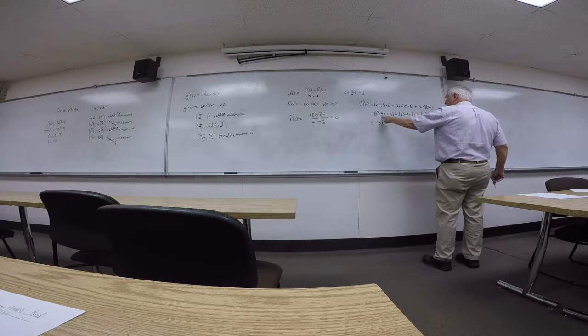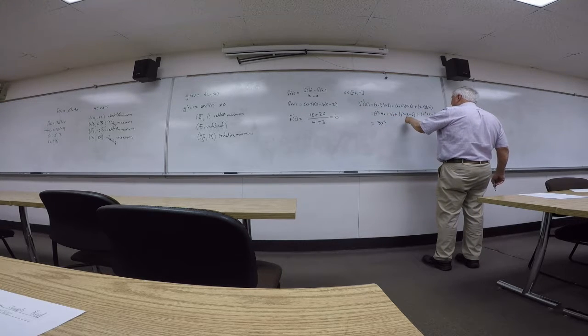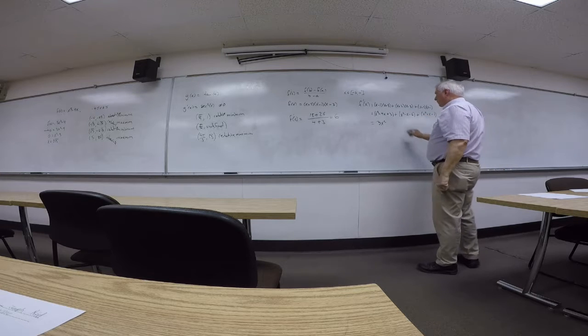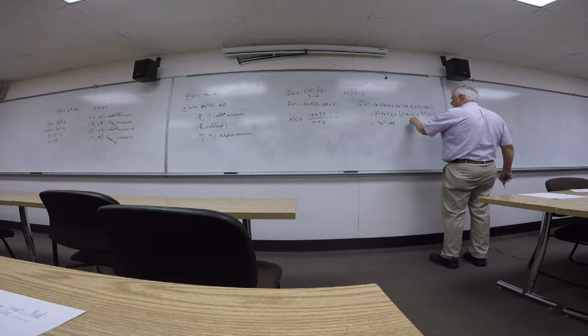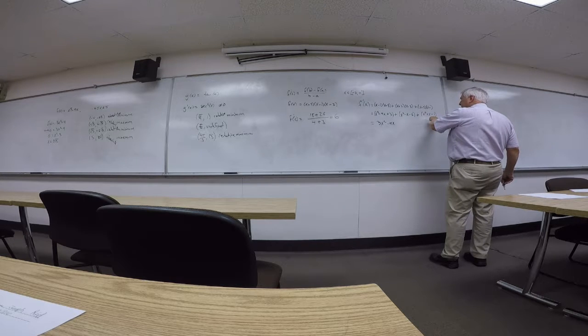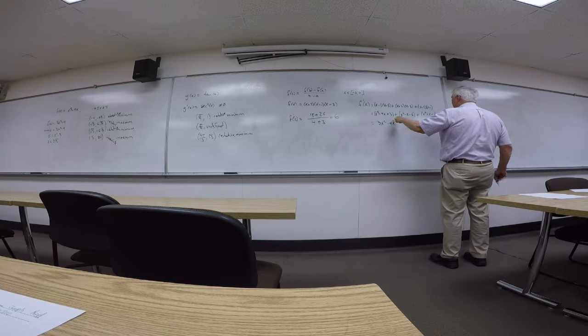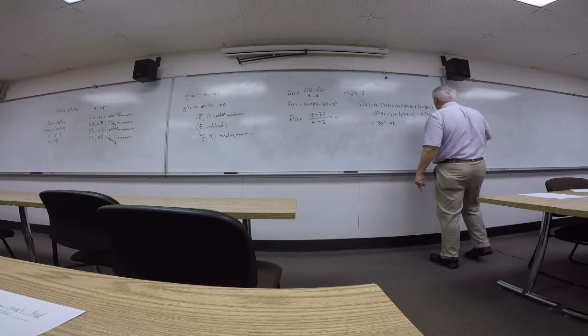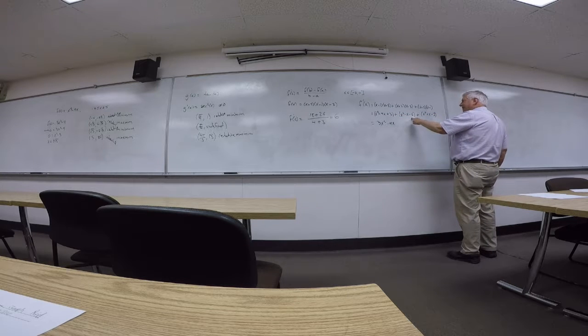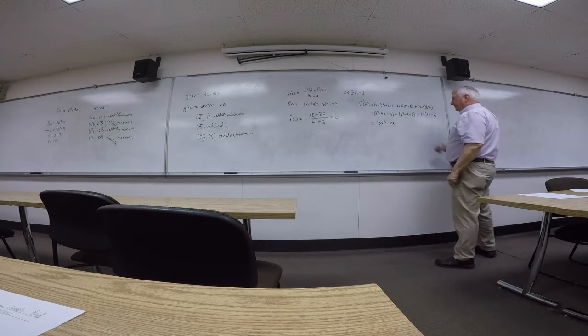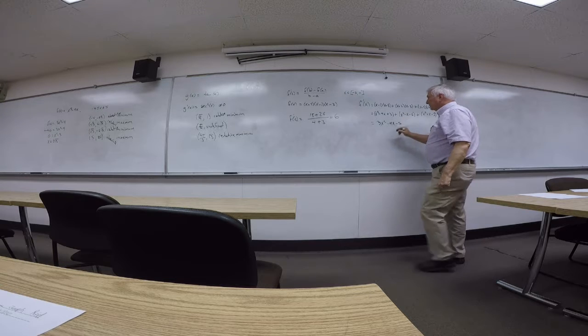Let's see, minus 4x minus 5x plus x is minus 4x, plus 3, minus 6 is negative 3, minus 2 is negative 5. So this is f prime.